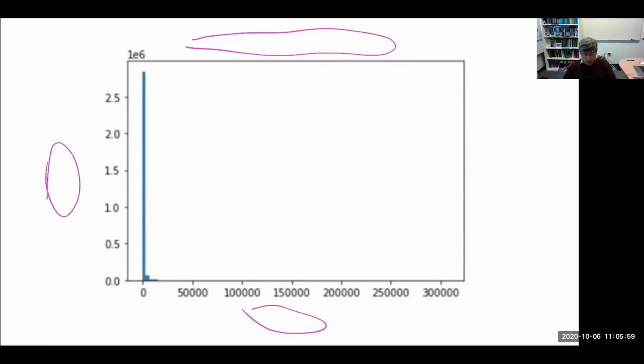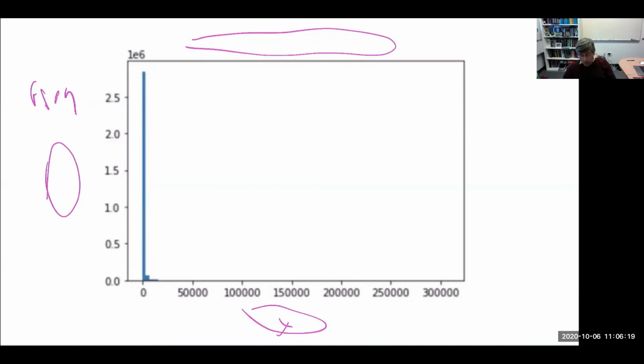But the biggest thing here is that I'm guessing this is something about a frequency as a function of x. It's clear that there's almost no values of x for this, okay? It's clear that the range is wrong.